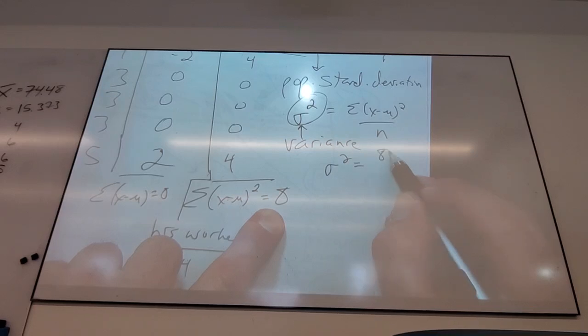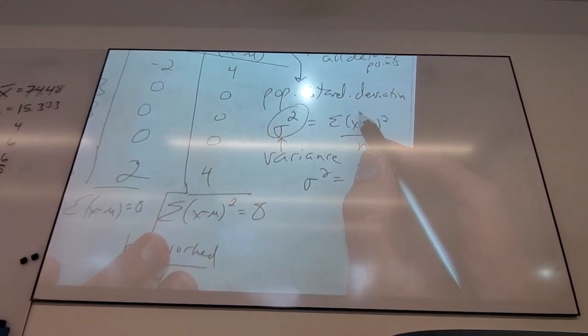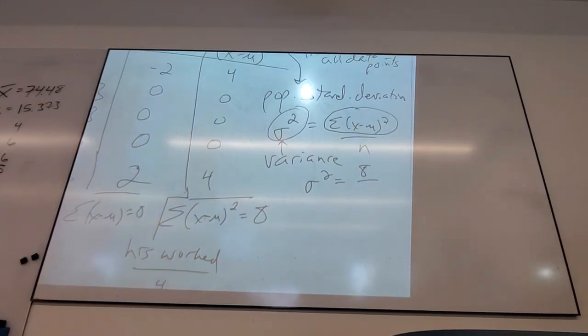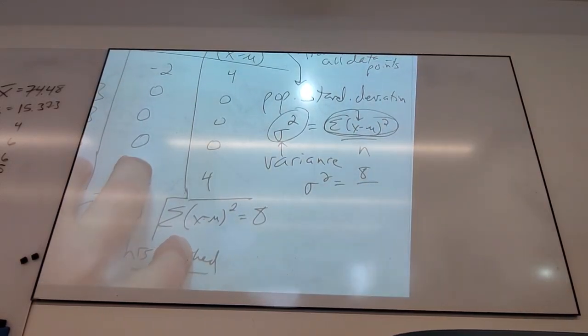So what is the variance for this problem? It's 8, right? And this is another thing you guys are not used to. This whole thing is 8, yes? I don't plug stuff into x. I don't plug stuff into mu. That is the sum of business, and I have to put the number that I get when I add them all up. This is very different from algebra. I don't put a number here. This whole thing is a number. It's 8. We added them up and we got 8.